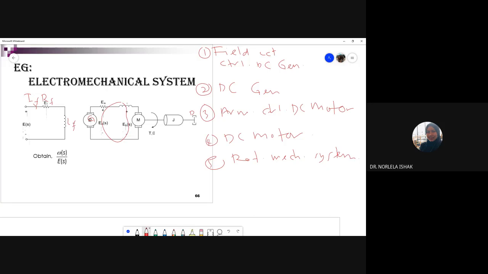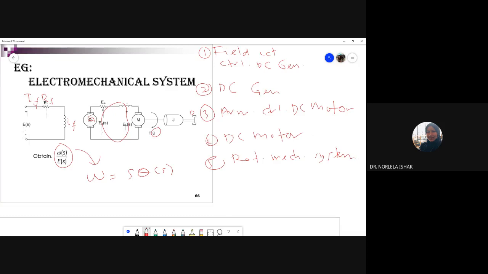Guys, what is the transfer function? Here we change, not omega. Actually the question gives you omega. What is the relationship between omega and angular displacement? If you refer to the textbook, omega equals S theta(S).